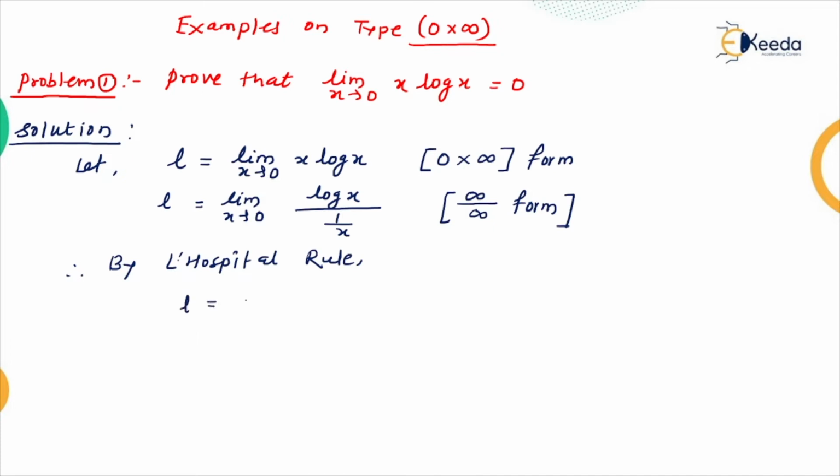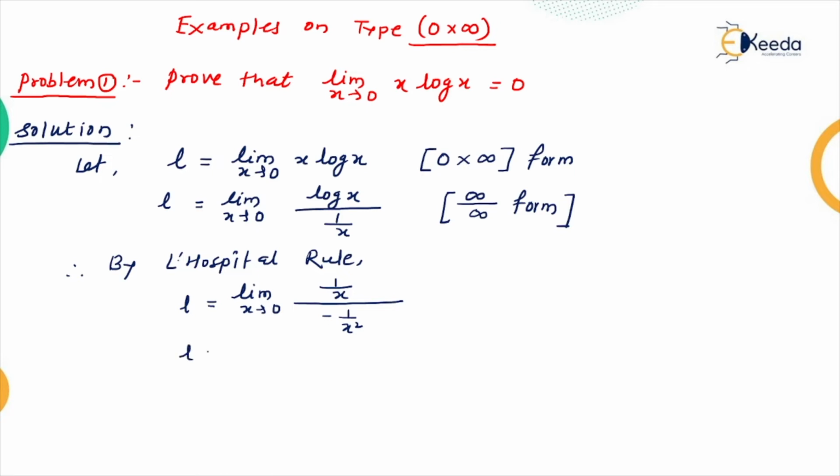It becomes limit as x tends to 0; we have to take the derivative of the numerator, which is 1 divided by x, and divided by the derivative of 1 upon x, which is minus 1 upon x square. So by applying L'Hospital rule, we get this step. We have to just evaluate it.